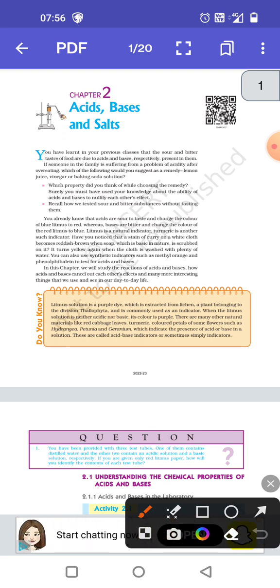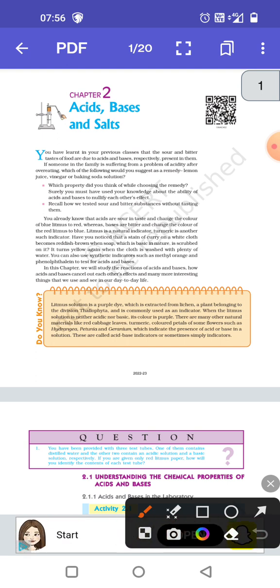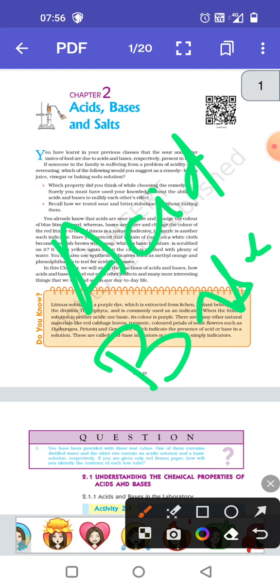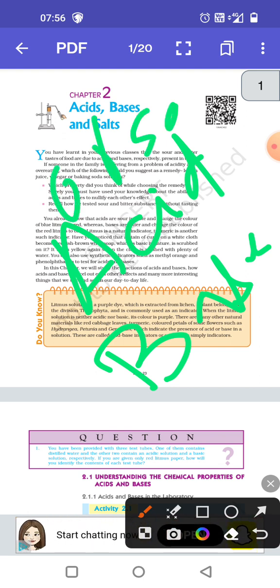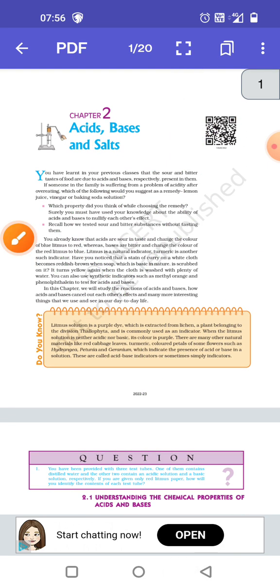If you have a chemical substance, you have to know the nature of the chemical, whether it is acid, base or neutral. All these substances may be acids, bases or salts, or some substances may be neutral.